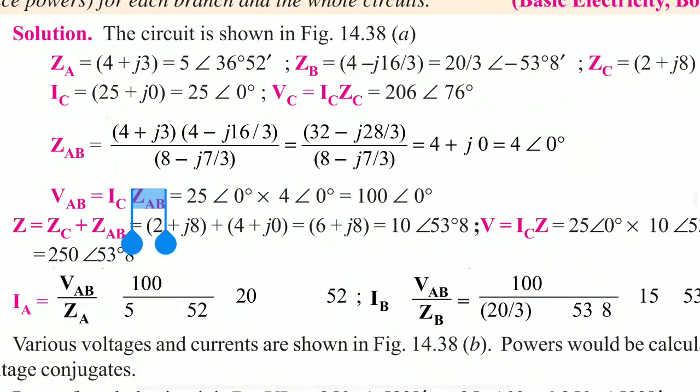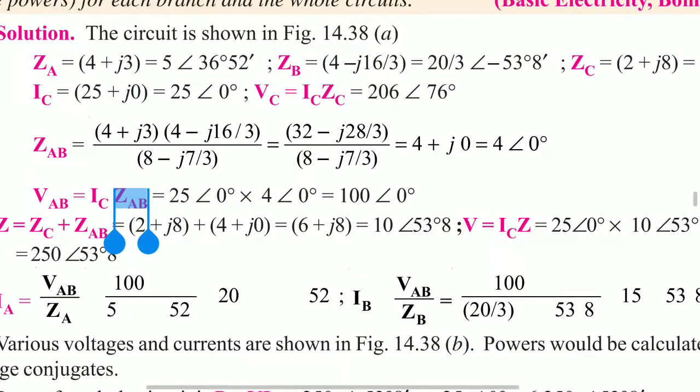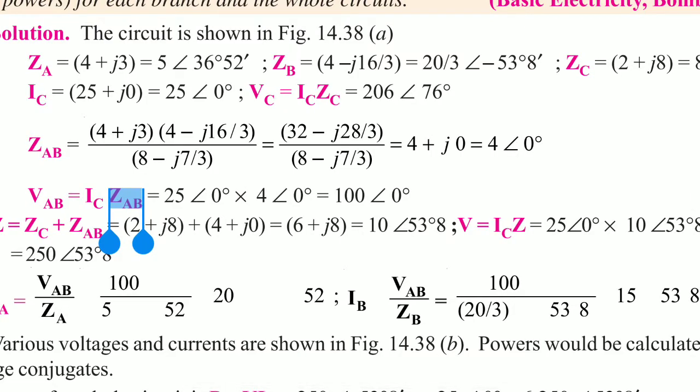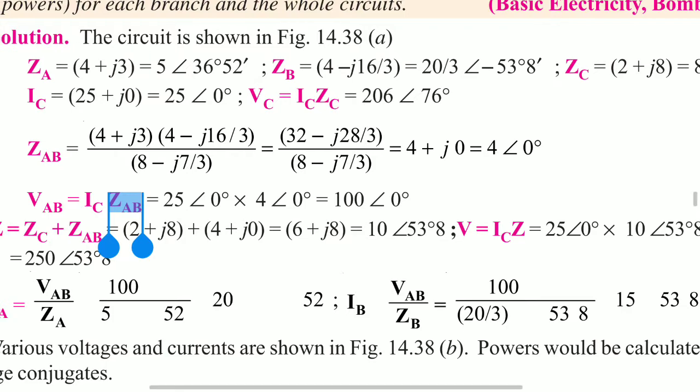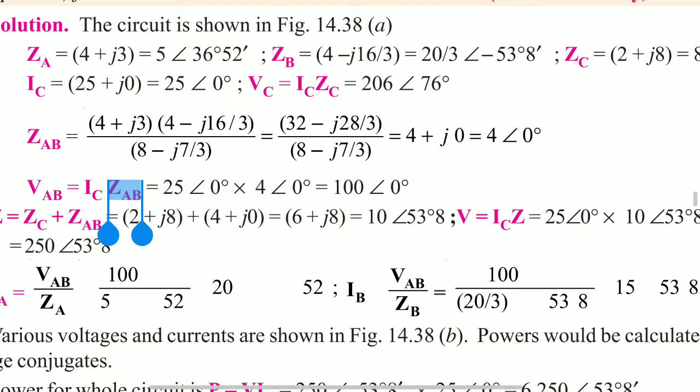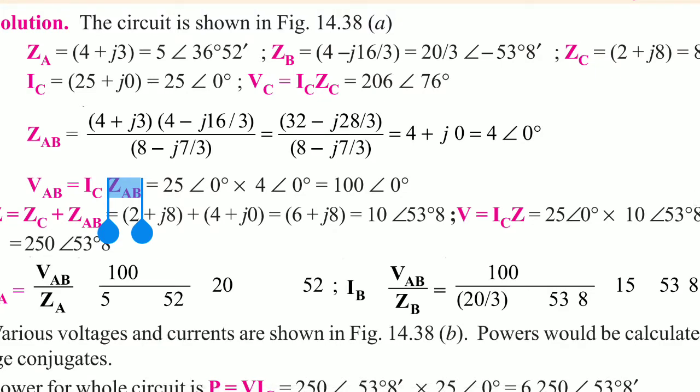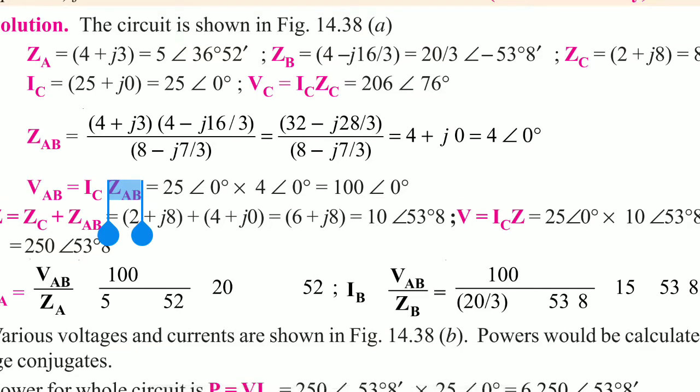That is 32 minus J28 by 3 divided by 8 minus J7 by 3. So from this we get the value of ZAB, that is equal to 4 plus J0, that is 4 angle of 0 degrees. That is the ZAB value.